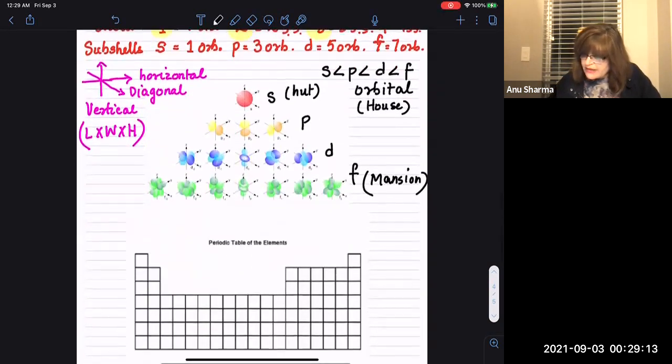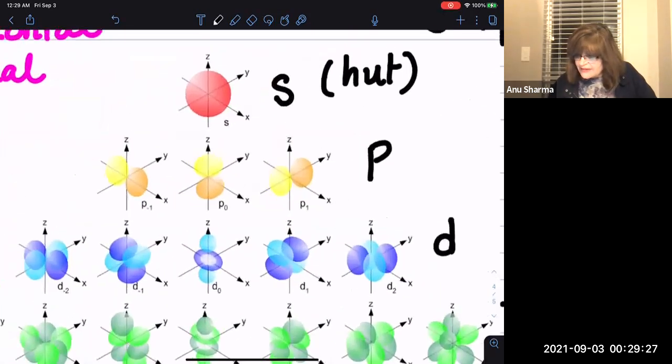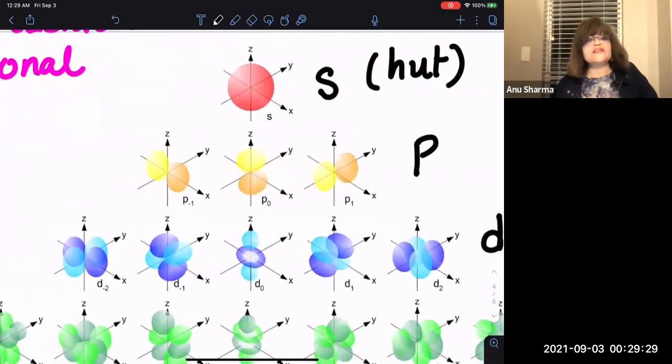So we understand these are the shapes of orbitals. Look at s. S is spherical, round, circular. P is more dumbbell shaped.